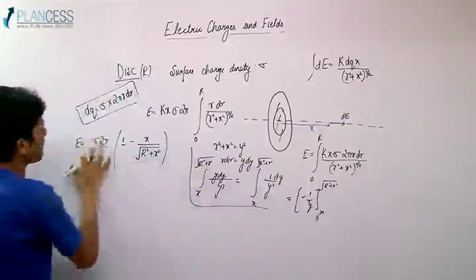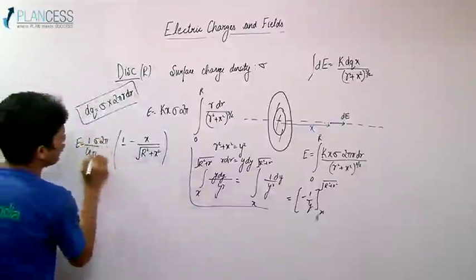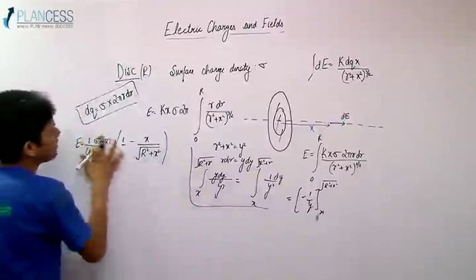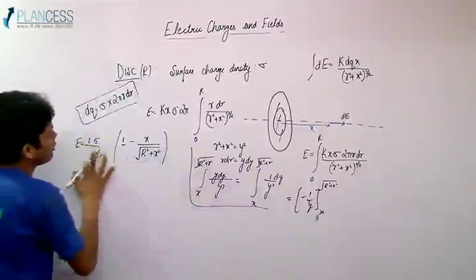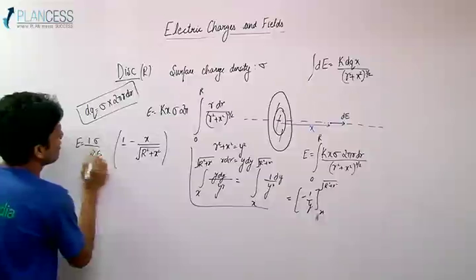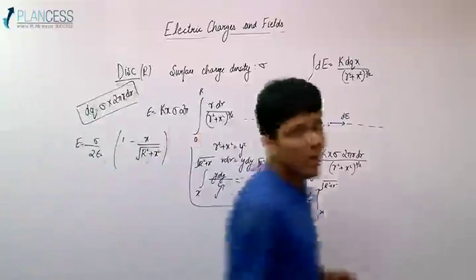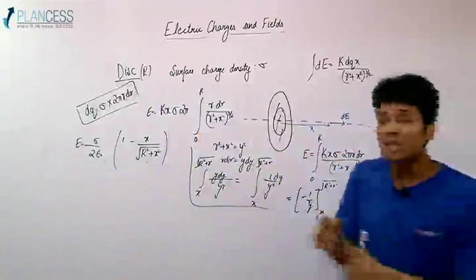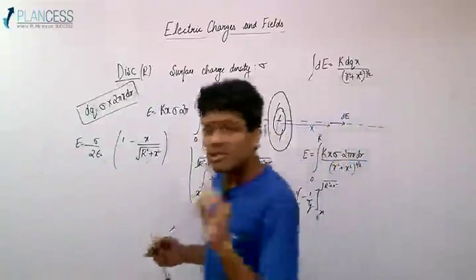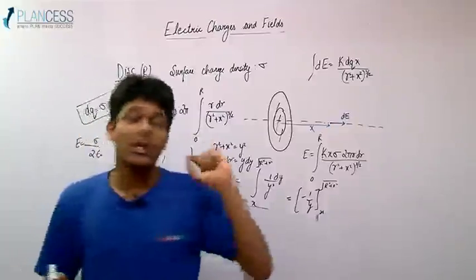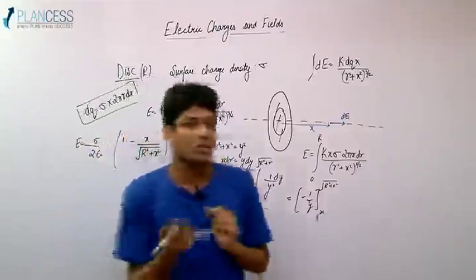So this is the formula that comes out for the disk. Now if I replace k by 1 by 4 pi epsilon naught, I can cancel out this 2 pi with this 2 pi and I'll get sigma by 2 epsilon naught. Now an important point to be noted, that initially I told you that the electric field at the center of the disk is not equal to 0.